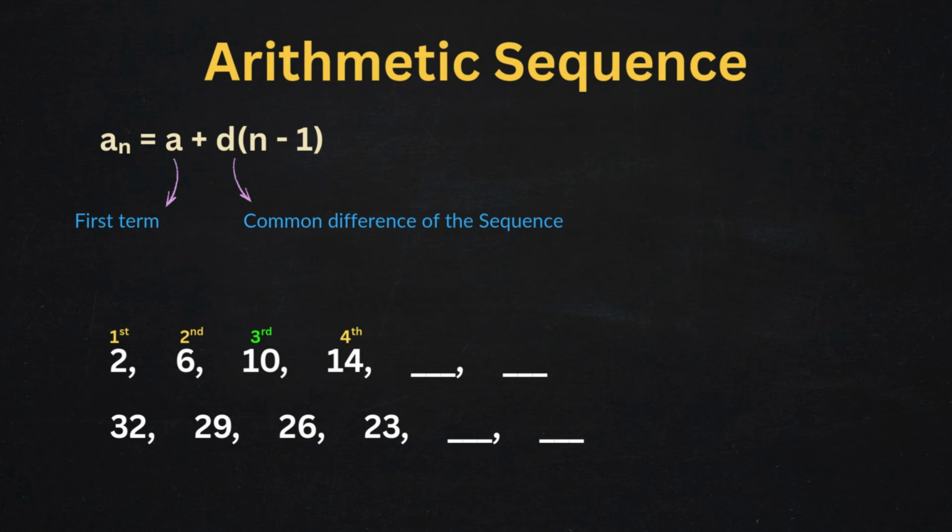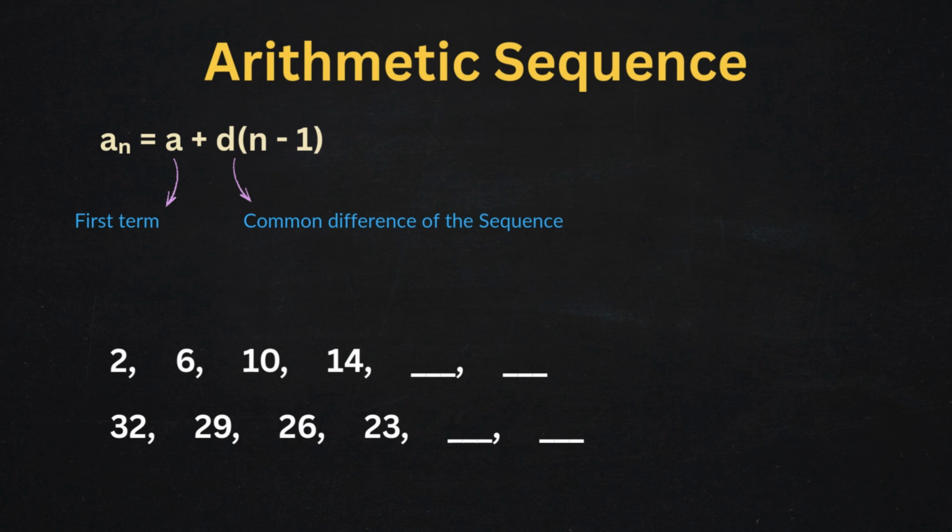Or we can say it's the third term of the sequence. So here, n equals 3, and an, or a3, equals 10. In this case, an is called a3, as n is replaced by 3. The position is given by n, and the value written at that position is an.